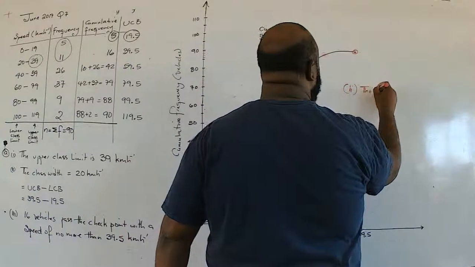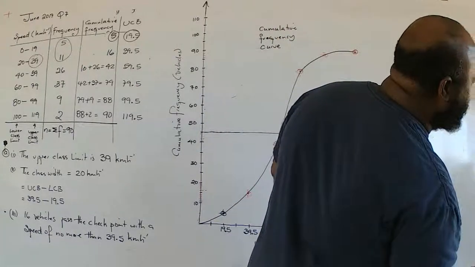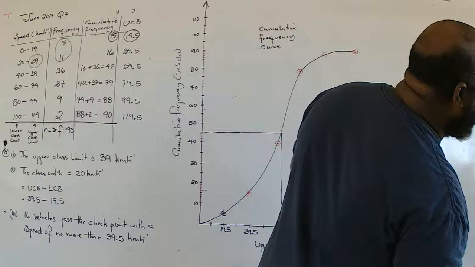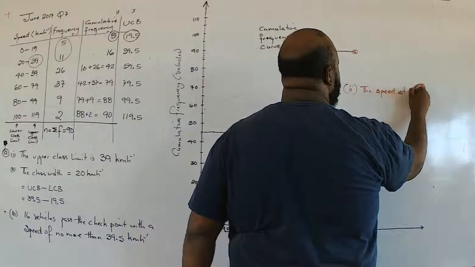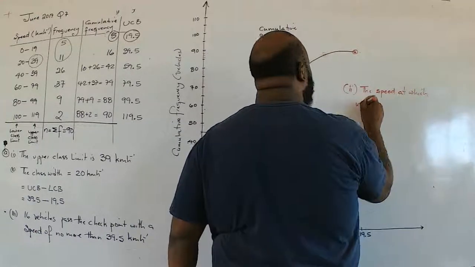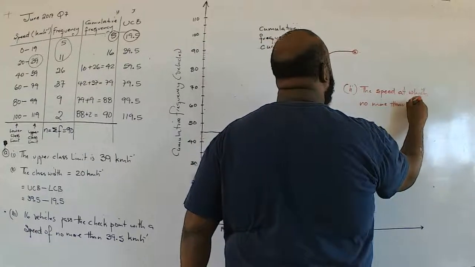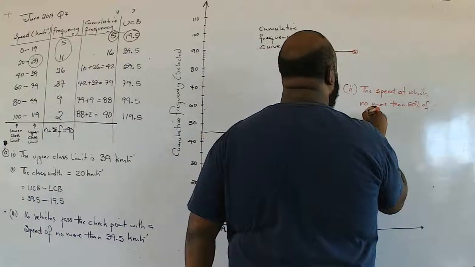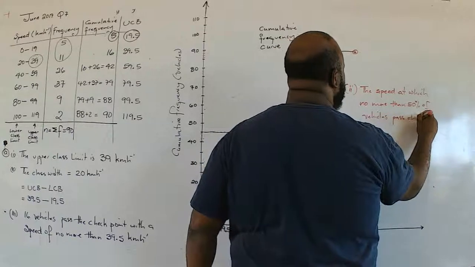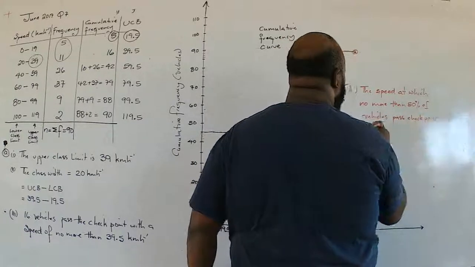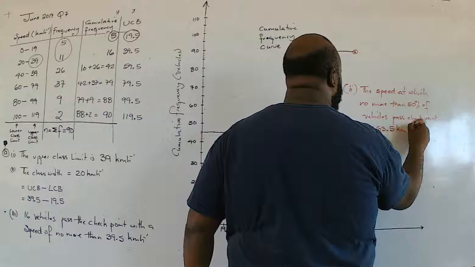It says the speed at which no more than 50% of vehicles pass the checkpoint is 63.5 kilometers per hour.